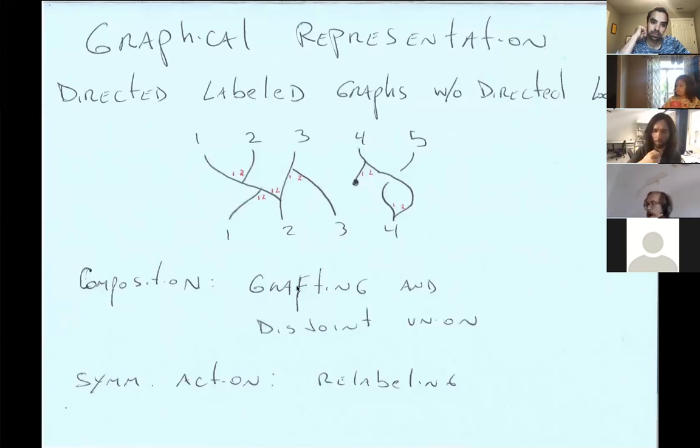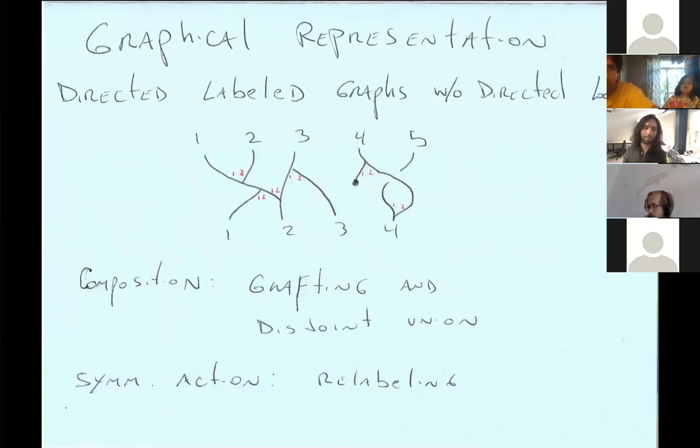Grafting, so we're going to be able to insert one of these directed graphs into another, which is like a vertical composition, or we can have a horizontal composition given by disjoint union of two such graphs. And the last part of the structure of a prop is given by the symmetric action, which in this case is given by relabeling inputs here at the top, or relabeling outputs here at the bottom.